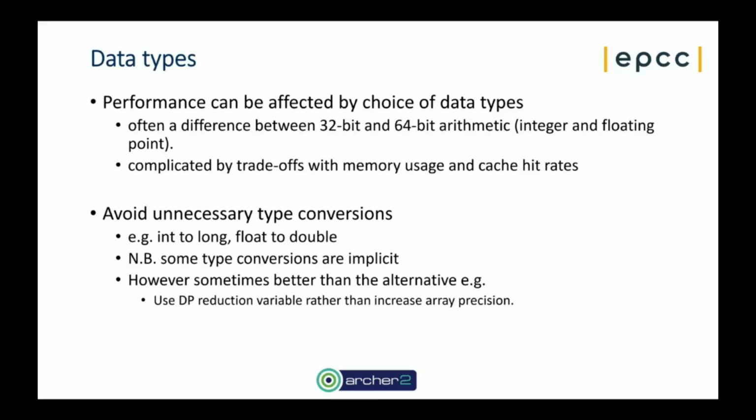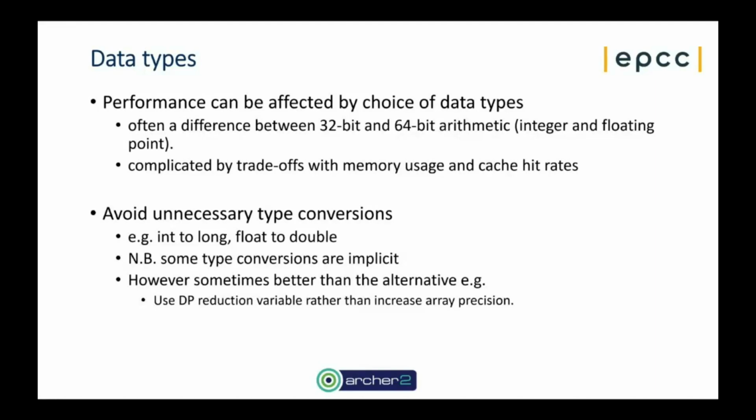There are also other things we can look at here. Other aspects of your programming language will cost more performance than others, and so use of data types can be one of those. 32-bit and 64-bit data types can have a difference in terms of performance, particularly when we have vectorization and vector hardware, which modern processors often do, like ARCHER2 definitely does.